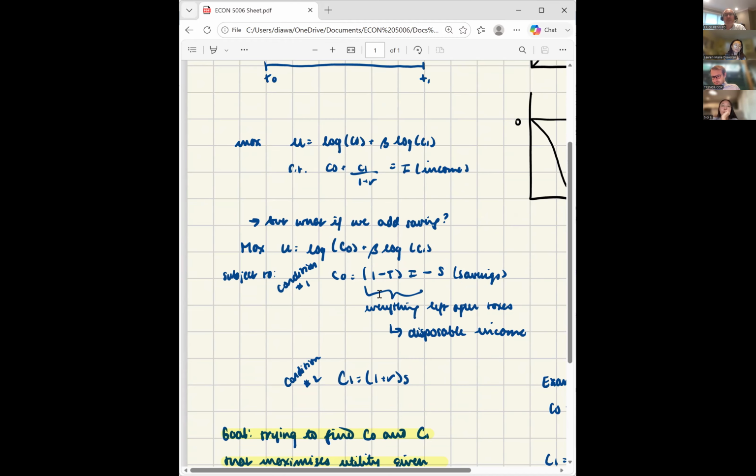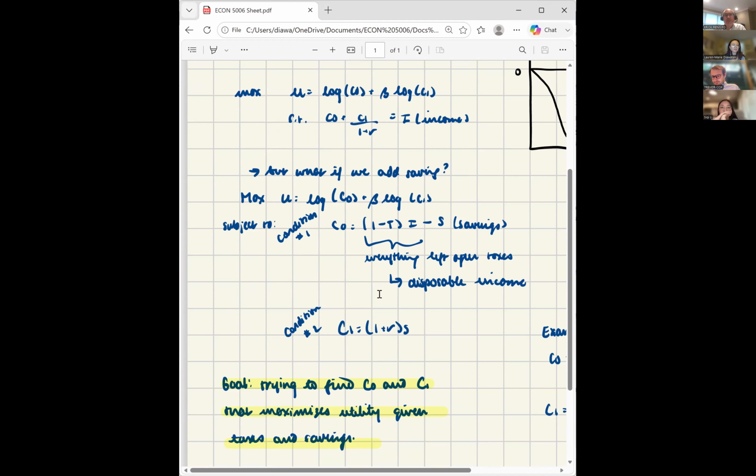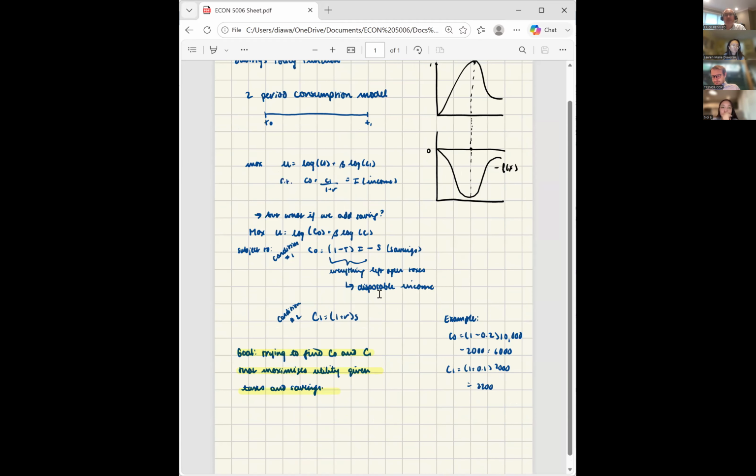Taxation is represented as T in my writing, also known as tau. And then you also have beta, where 1 minus beta ends up being the interest rate. So overall, the goal is to find C0 and C1 that maximize utility given taxes and savings.